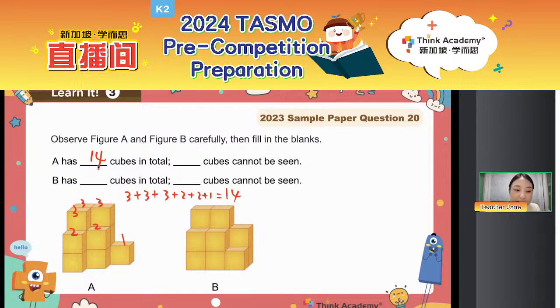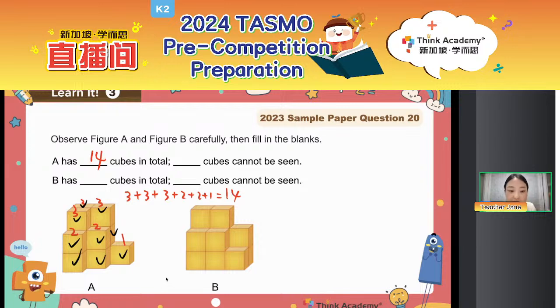And then we can also see how many cubes can we see? We are looking for how many cubes we cannot see, right? But no worries, we can firstly count how many cubes we can see. Okay, let's count. 1, 2, 3, 4, 5, 6, 7, 8, 9. 9 cubes we can see.